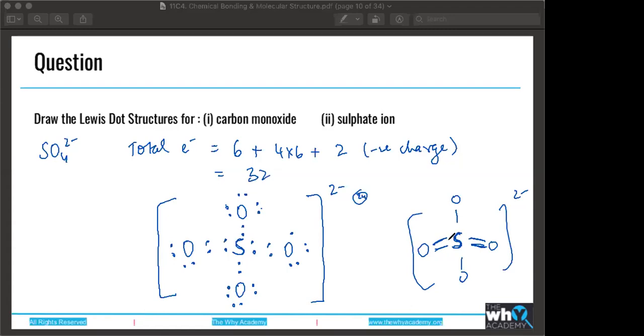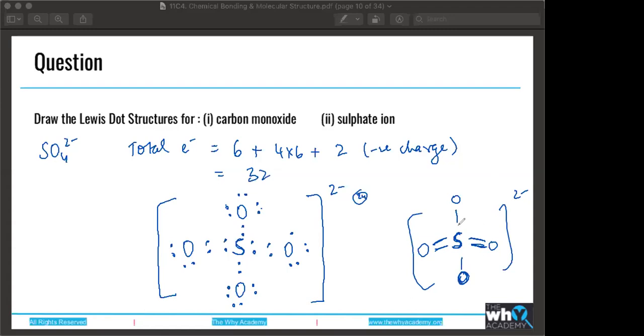Similarly, we're going to come across some other molecules that have less than 8 electrons, yet they're able to form compounds. So there's something called electron deficient compounds and electron rich compounds. This was a point that the Lewis-Kossel structure was not able to explain.